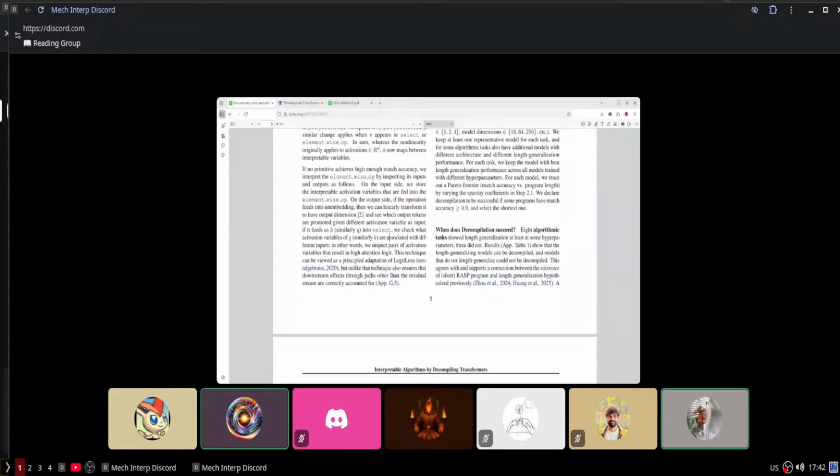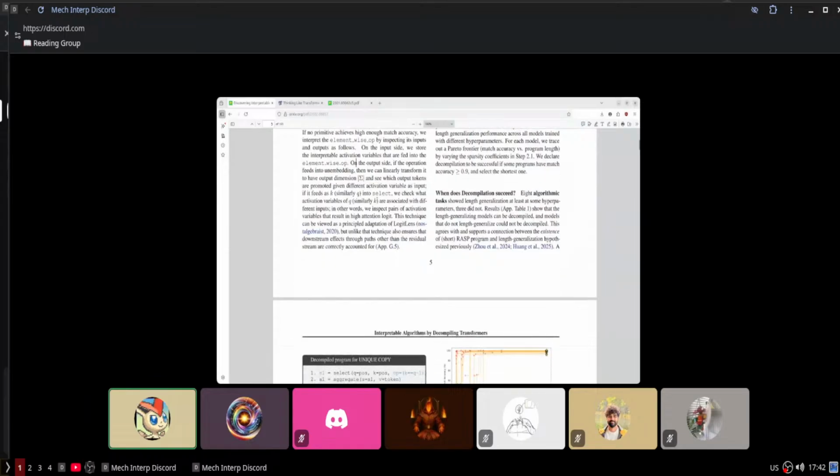Yeah, there are multiple logit lens variations though. They didn't explain the variation. No, it says so, they did explain it. It's just explained in a very mathy way here. So they start with interpretable activation variables. Okay, yeah, this is the activation variables that they have on the output, linearly transformed to have the output dimension.